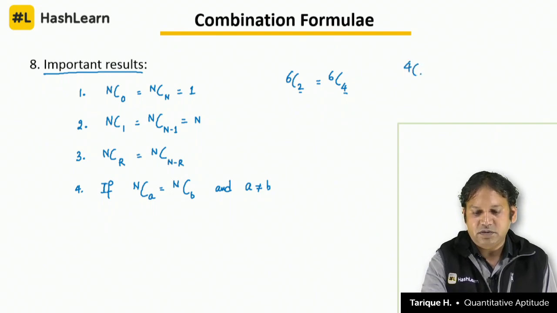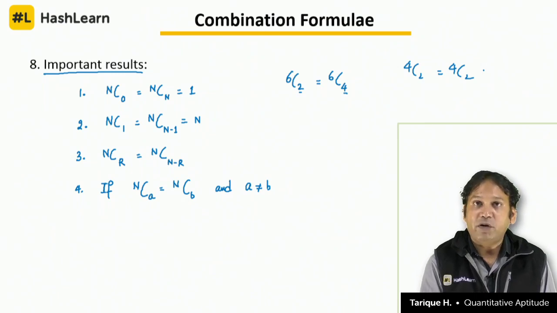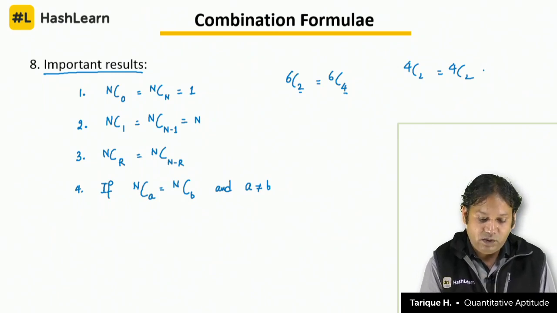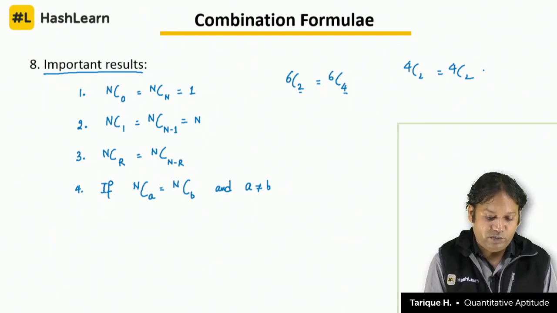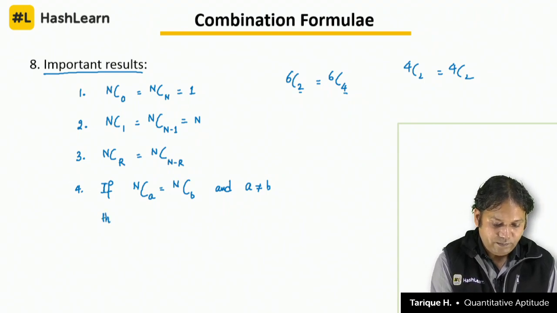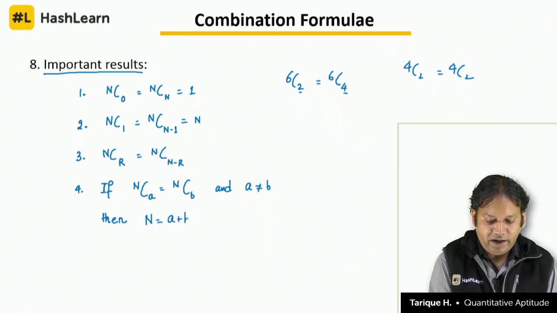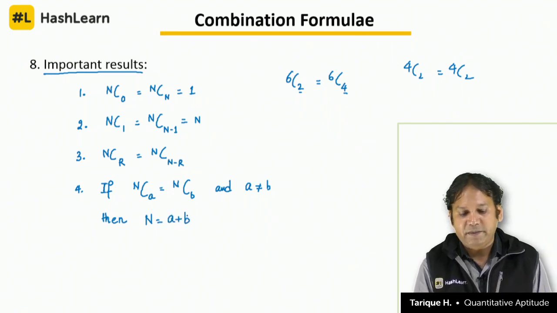So I will say 4C2 is equal to 4C2. There is nothing surprising about that. Okay. Now we are talking here about when NCA is equal to NCB and A is not equal to B, then we can say N is equal to A plus B. We can find out N by adding A and B.